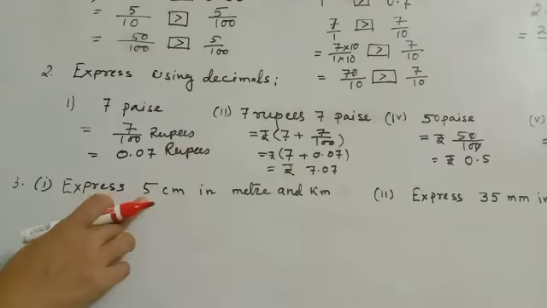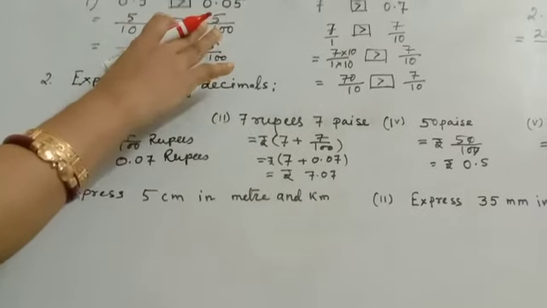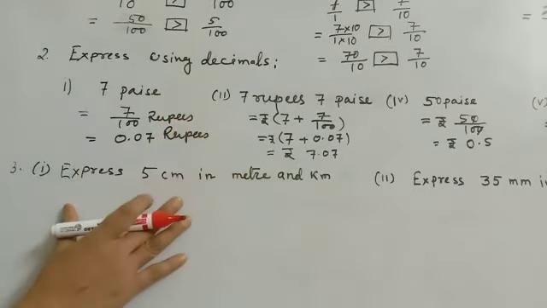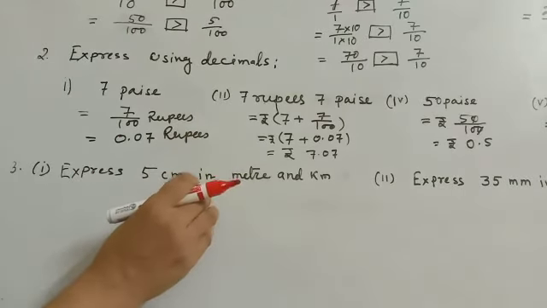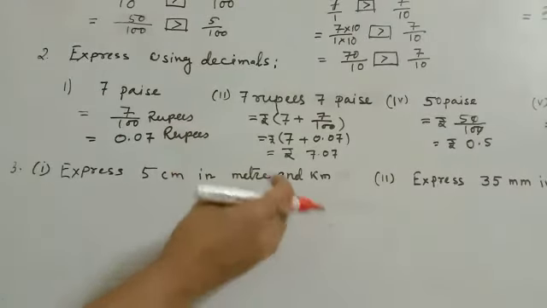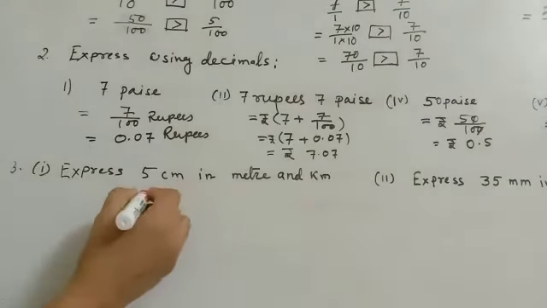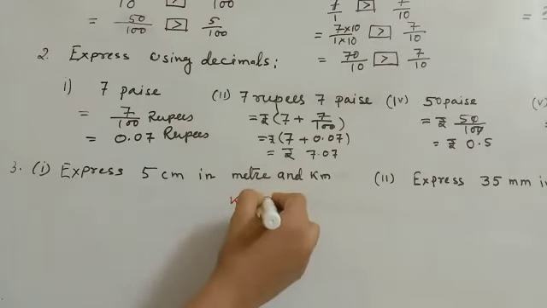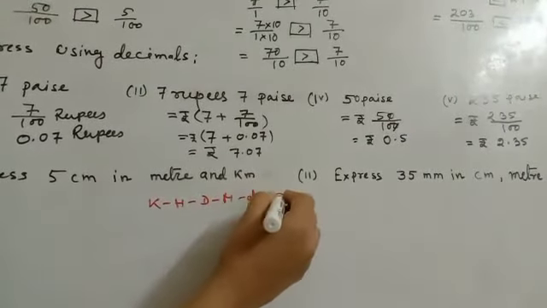Now express 5 centimeter. Now centimeter, kilometer, meter in this way. Previously it was only decimal numbers. Question number 1, question number 2, rupees and paise by using decimal. Now in question number 3 we are expressing meter, centimeter by using decimal. Before going to this sum, you know kilo, hectare, deca, meter, deci, centi, millimeter.